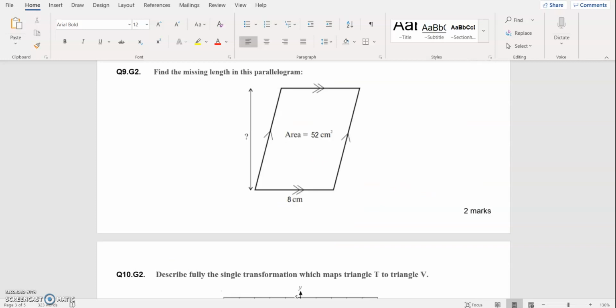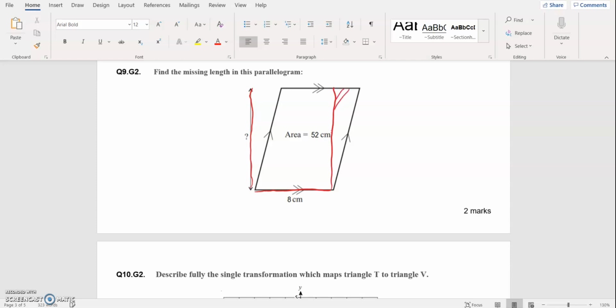In this question, we have to find the missing length in this parallelogram. So we have a parallelogram, and we're given this dimension, but we haven't got the height. Now, we should remember that to work out the area of the parallelogram, we just need these two dimensions as shown in red, because this is very similar to a rectangle.